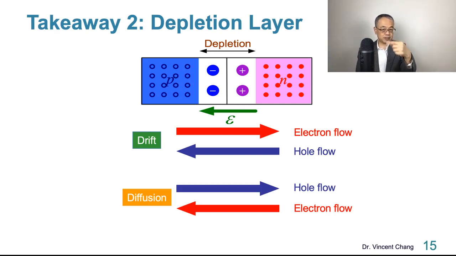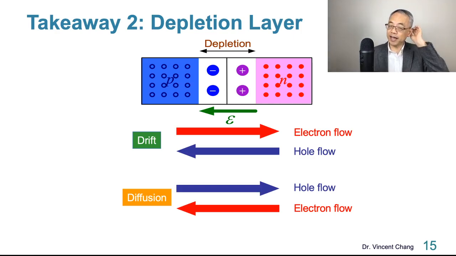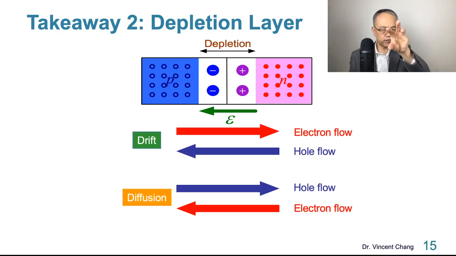I just use this because it's schematic. So what's the concentration for this? For Na, 10 to the 18th power. A lot of negative ions on the left in this area, all right? Same thing, a lot of donor ions in this area.